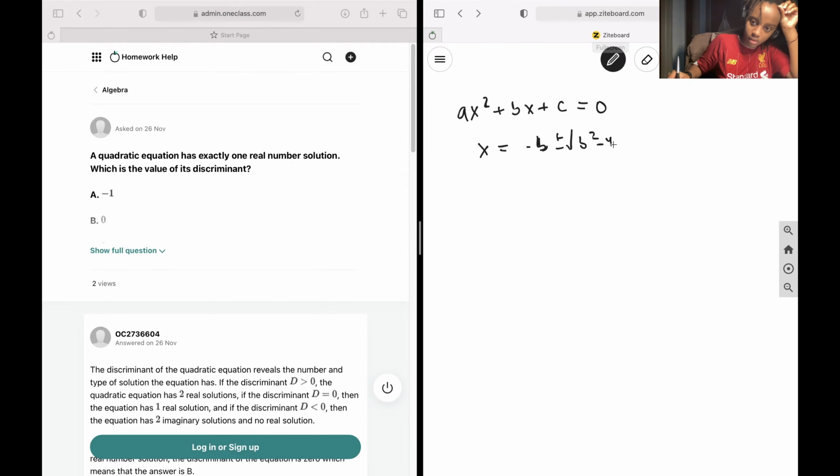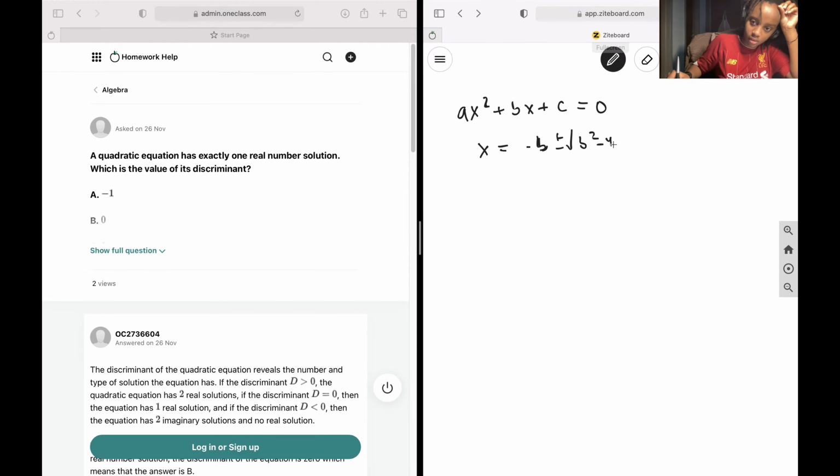This term here is what we call the discriminant. And so depending on its value, x could be different things. And so d is equal to the root of b squared minus 4ac.